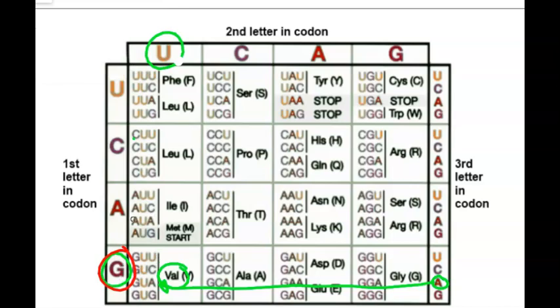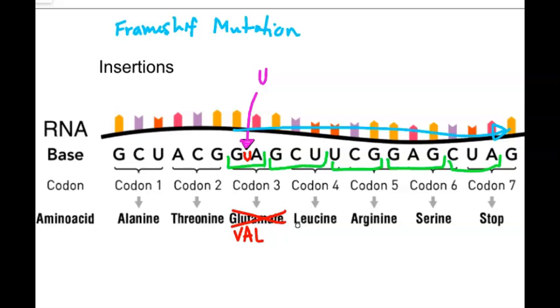G, and then C, and then U. We're going to end up with, over here, GCU, alanine. So have we changed this one? Yes, we've changed it from leucine to alanine, ALA. And so on, and you could keep going.